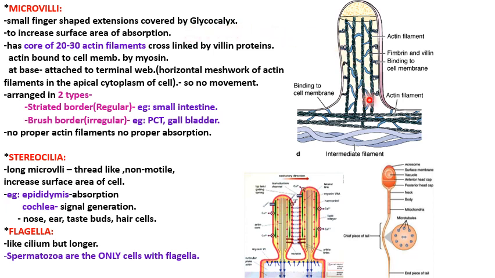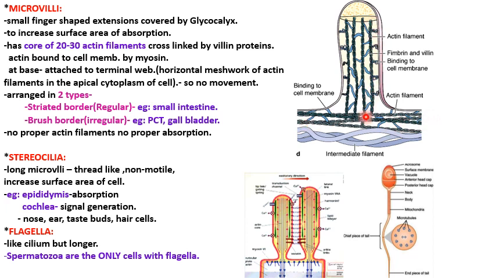Within the core of the microvilli, there are about 20 to 30 actin filaments, these longitudinal structures. They are connected to the horizontal actin filaments of the cell.